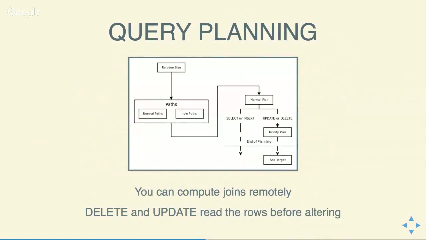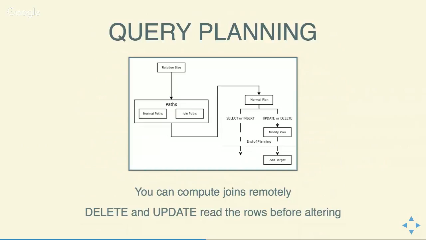Now this is the query planning stage. It starts by getting the relation size. This is an estimate of the total number of rows in the query result. This is the number of rows and the average row length. This information is used to plan how this data will be joined with other data, such as if it is a very small number of rows that you're going to return, then a nested loop could be appropriate.